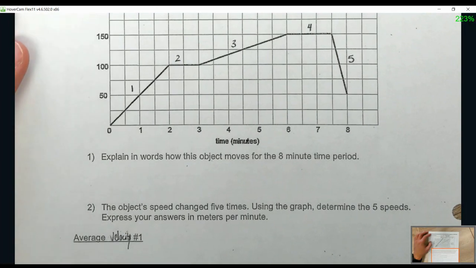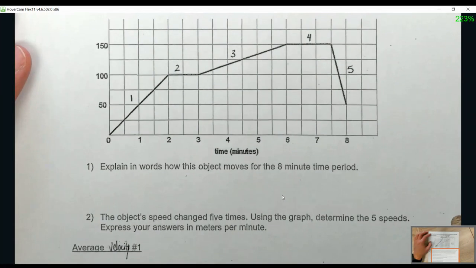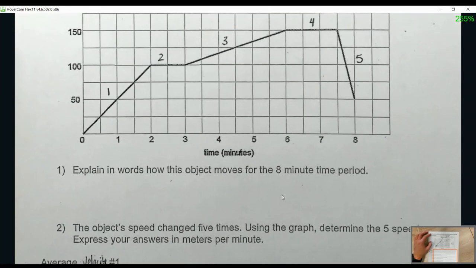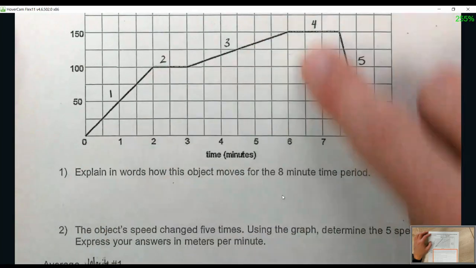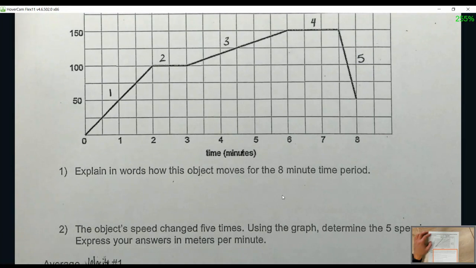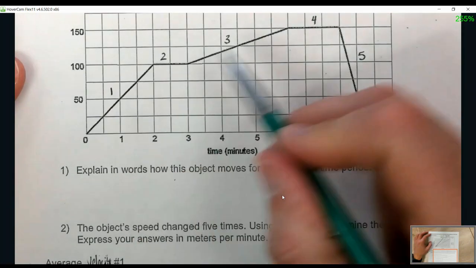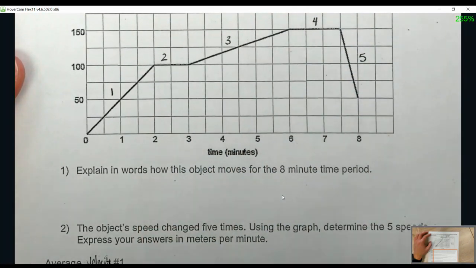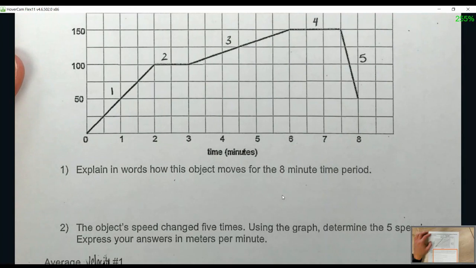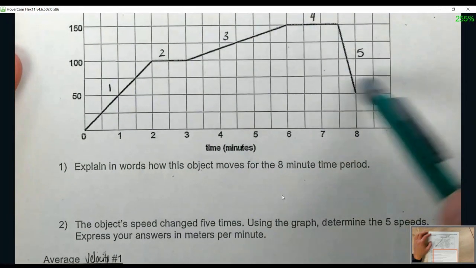All right, so now what we're looking at is they want us to explain in words this time what the heck is going on over this point in time. So from our stuff yesterday and from the do now, slopes like lines 1, 3, and 5. Are there any curves?